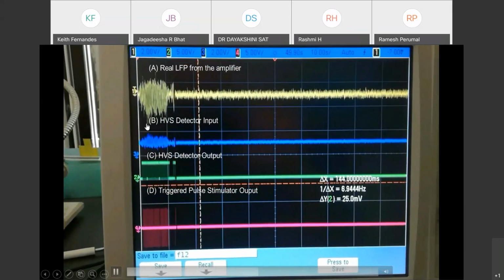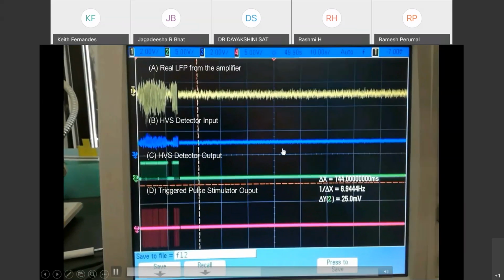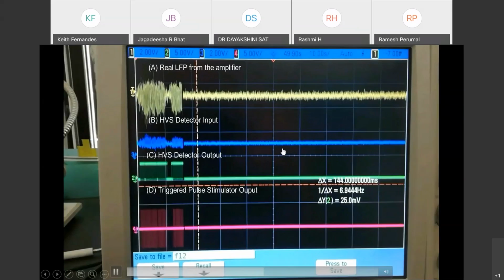The important thing is that the algorithm should be able to detect the early onset of the high voltage window. That is very important so that the stimulation can be turned on and the high voltage window can be suppressed. In this case, the stimulation is not connected to the brain region, but we have also tested how the stimulation controls the high voltage window.